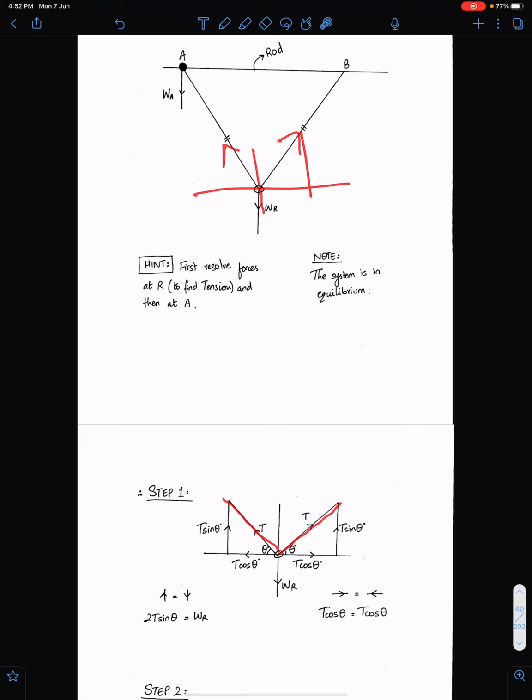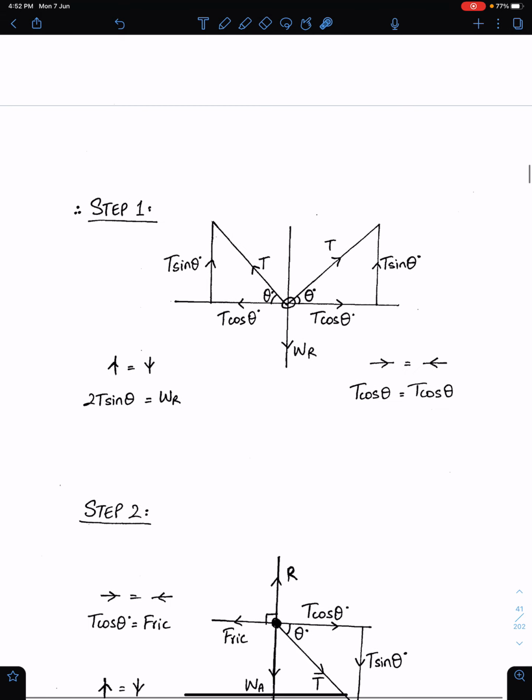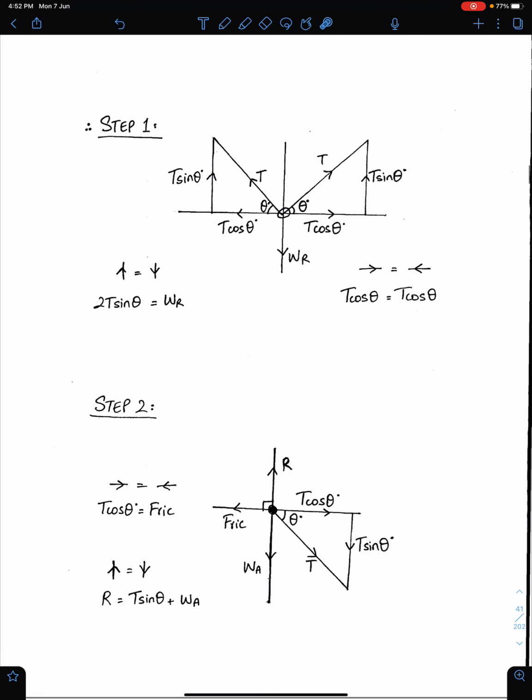So this tension has two components, T sin theta, if this angle is theta, and this is also theta. So the forces are: weight of R, T sin theta, T sin theta, T cos theta, T cos theta. The sin components are balanced and the sum of the two cos components is equal to WR.